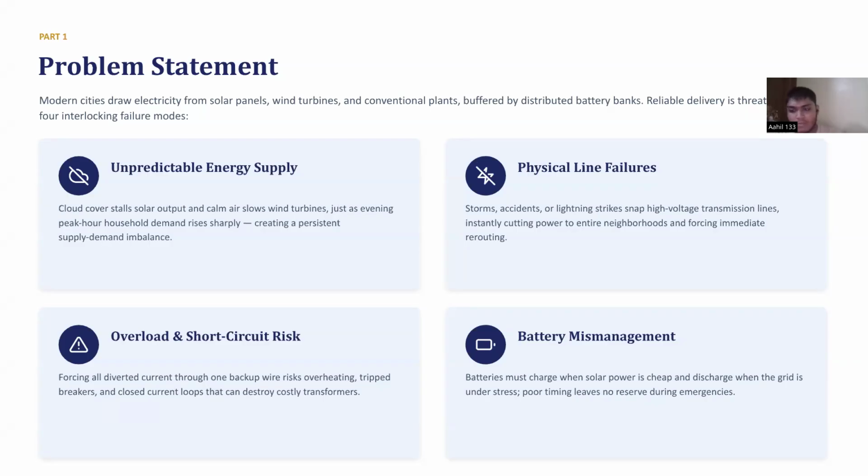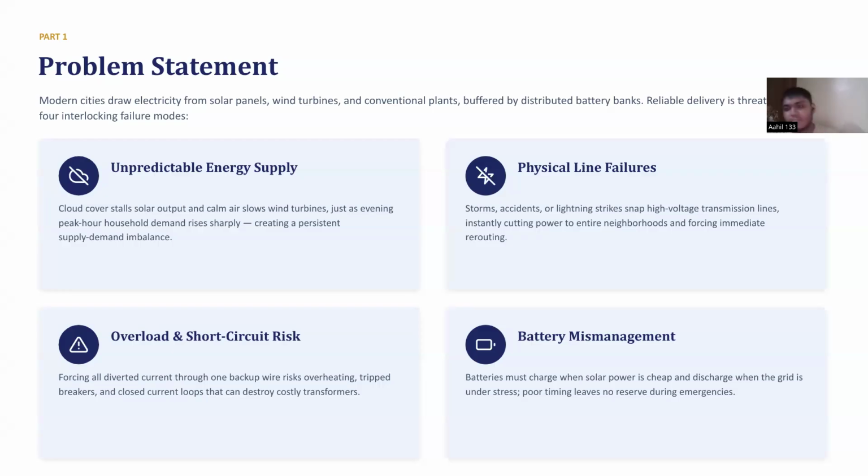So as we know, solar panels are used widely in many areas. They are mainly relying on energy produced by the sun. So they stop working when the clouds cover the sun, and wind turbines, as we know, depend on the flow of wind, and hence when the wind is calm, they also slow down.